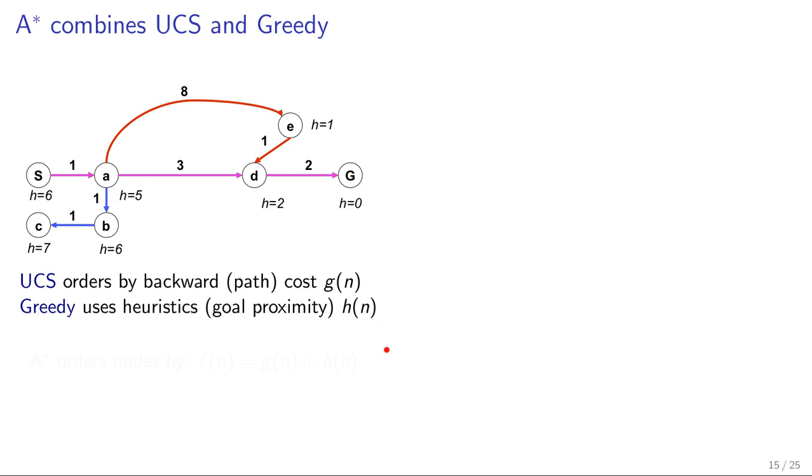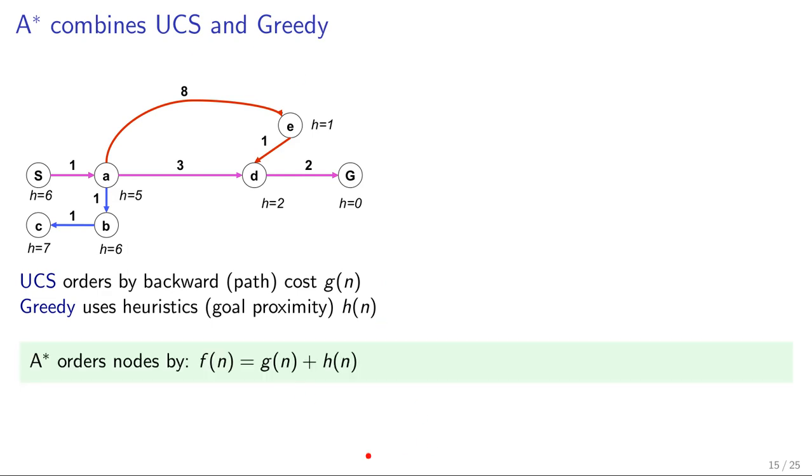So you order the nodes by this f(n), which is just a sum of these two. You have the backward cost, which is what you have, and then the heuristic, which is something that has been given to you. That's the best you can do under some assumptions on the heuristic, which we will learn about in a second.